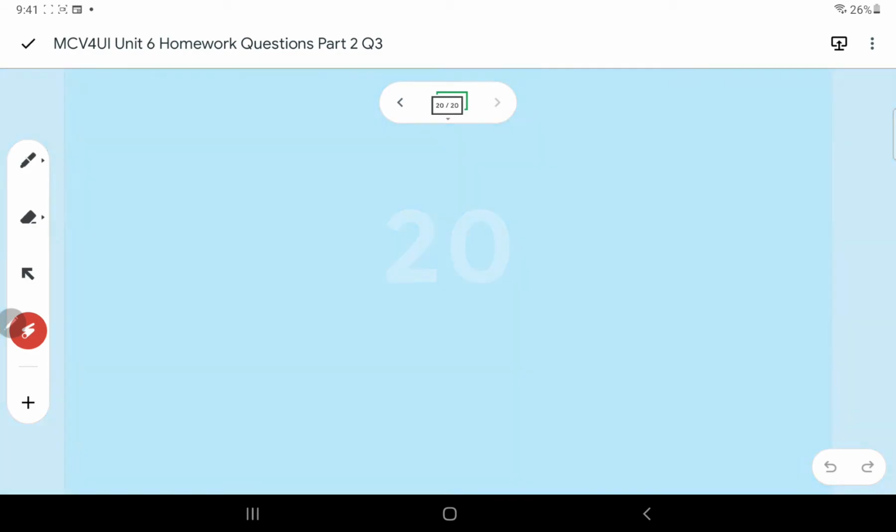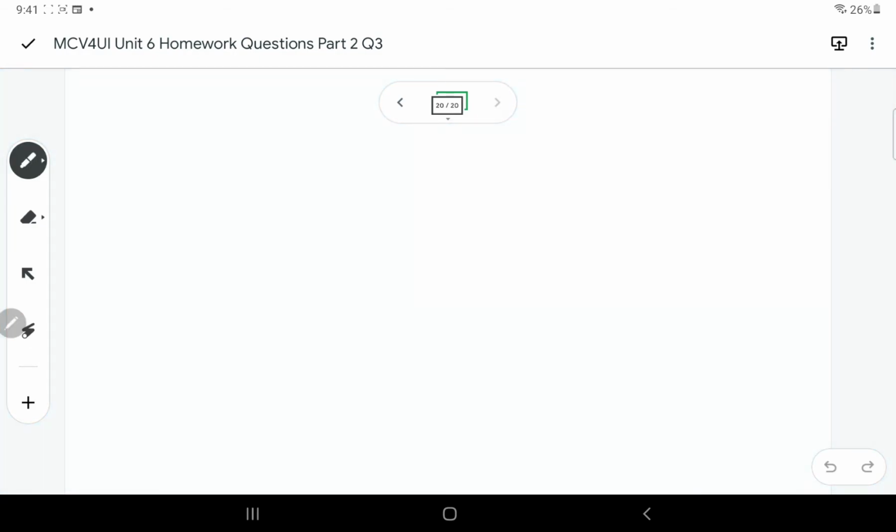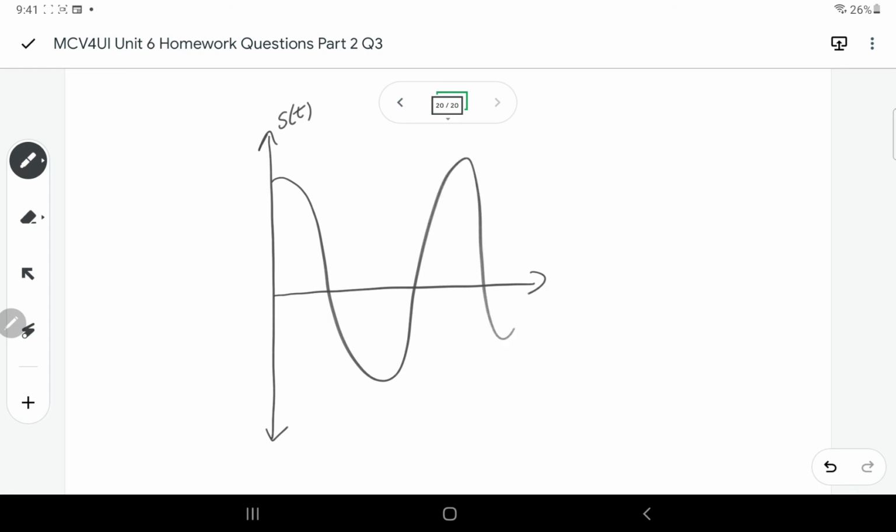You could also have to take a look at this from the perspective of a graph. So if you had this, and this was your displacement position function, and we've got some graph like that. We know that the derivative is the velocity.